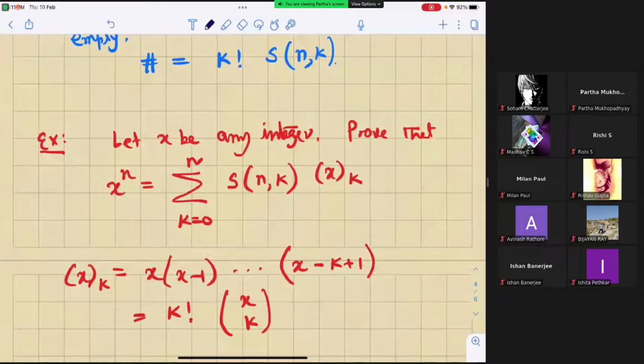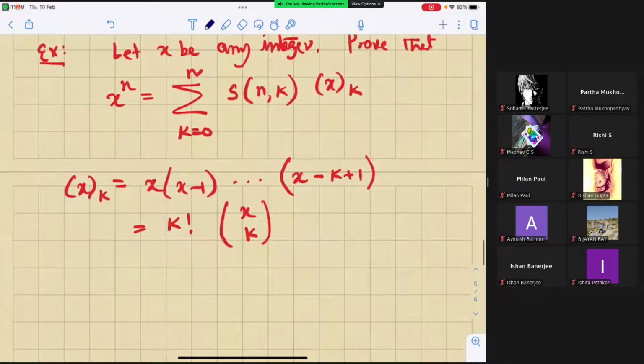It's not difficult. Can you try it? Someone who has not seen it, allow others to learn also. This looks like an algebraic identity, something on the left equal to something on the right. So what is the left side count?